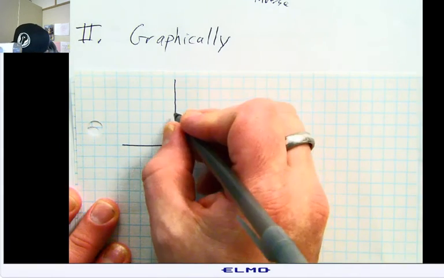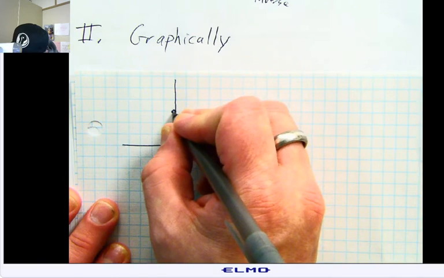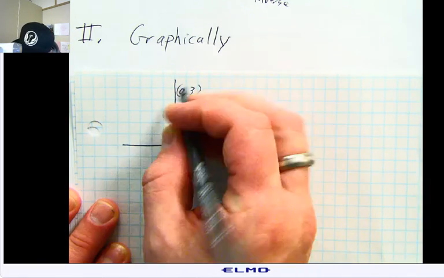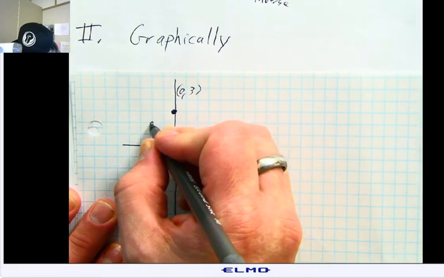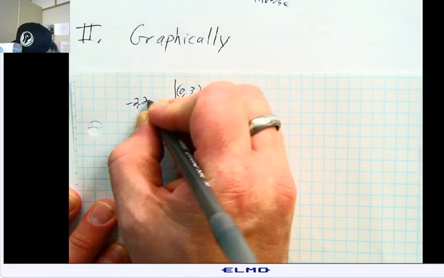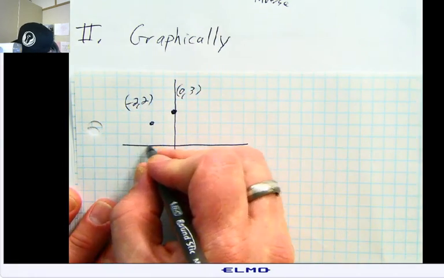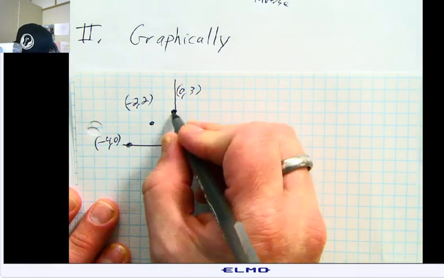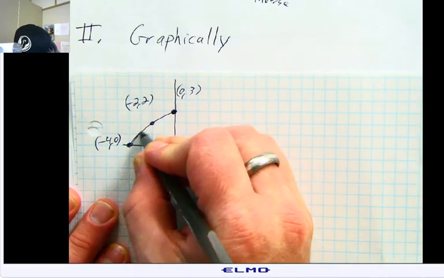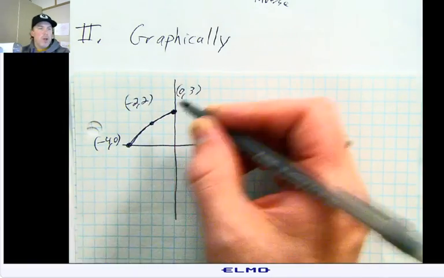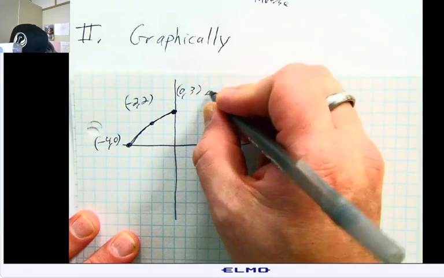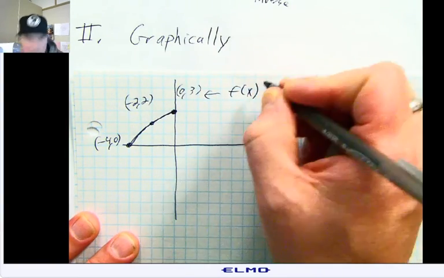And it had a curve like this, and it had the coordinate (0, 3), the coordinate (-2, 2), and the coordinate (-4, 0). And let's say that it's connected with this curvy thing, and let's say that these points are all called f of x.